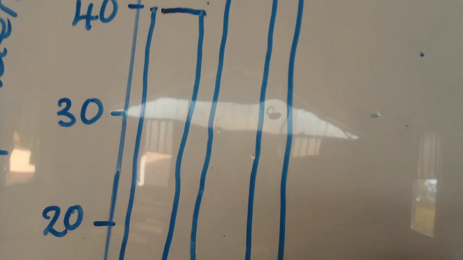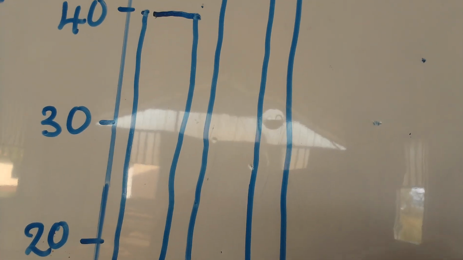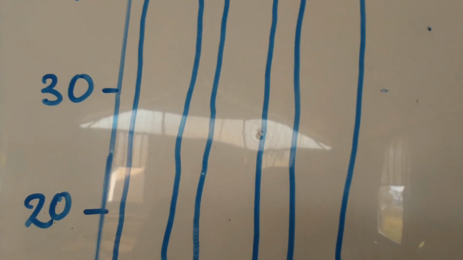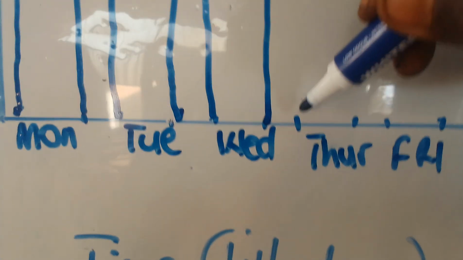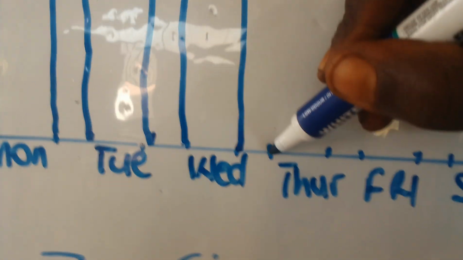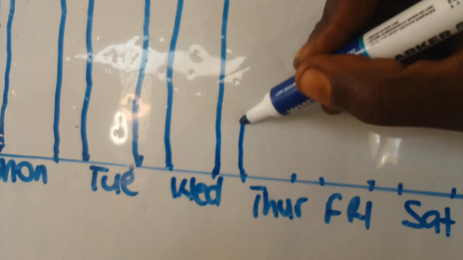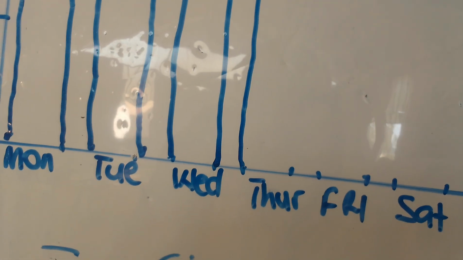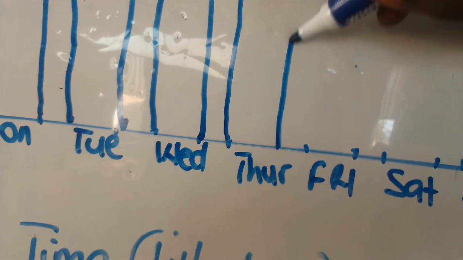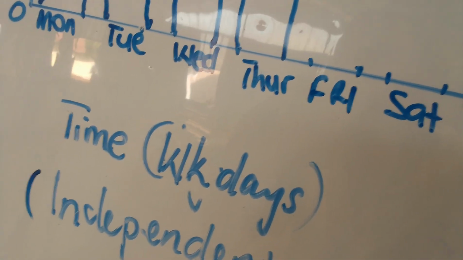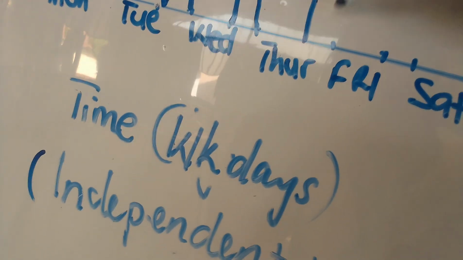But you should use a ruler so that you draw straight bars. Then Thursday is 20, and my 20 is there. Then Friday is 15. My 15 is somewhere there.